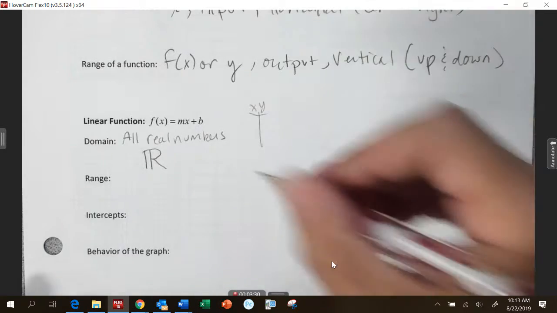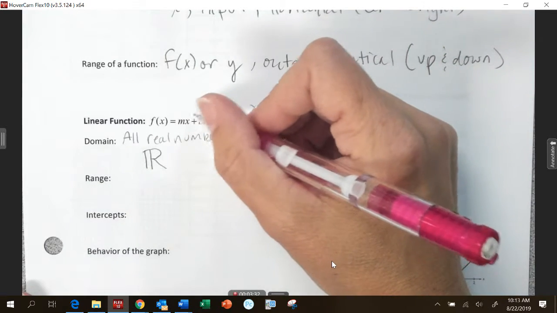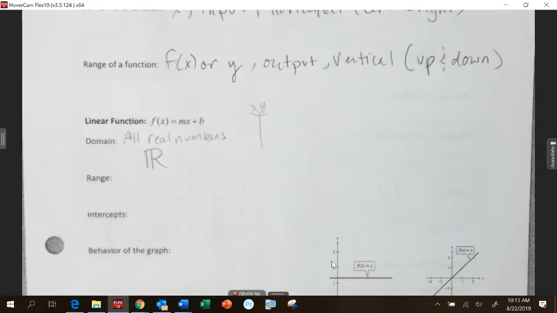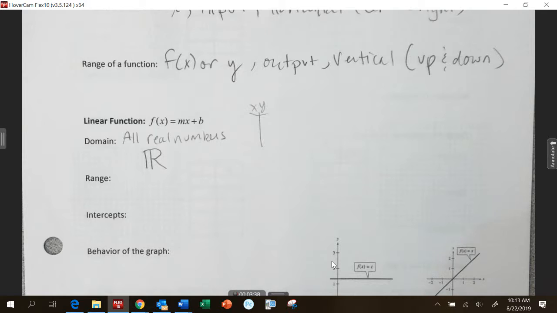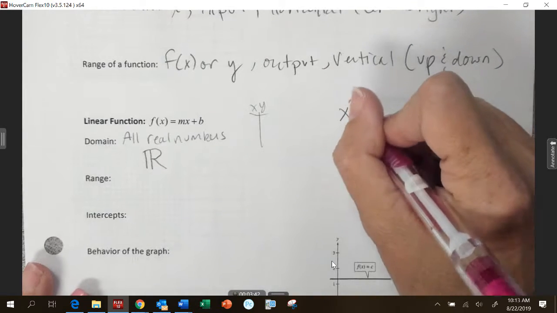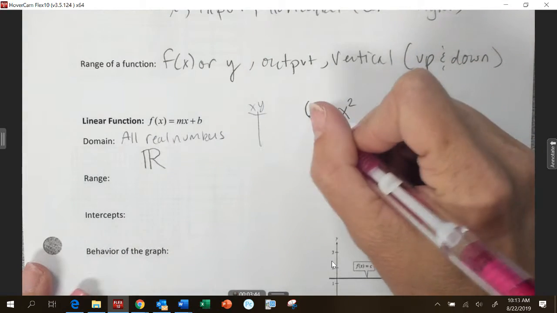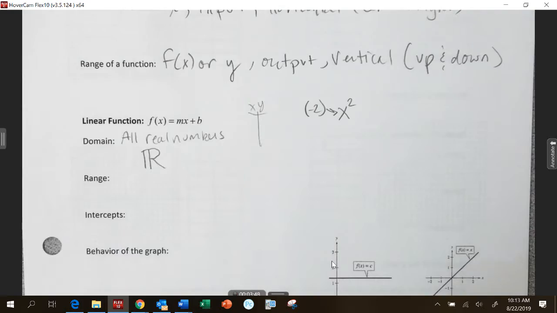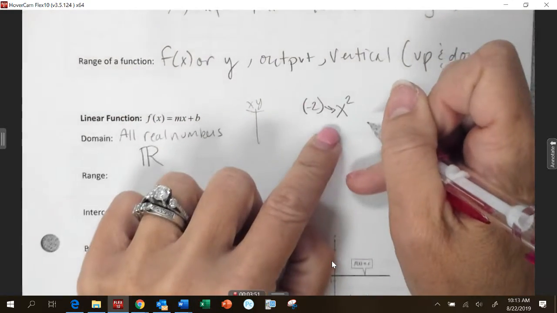How about the range? When I put in x's, are there any y's that I would not get out? For example, a different function: if I put the number -2 into an x squared function and I square it, what happens to -2 when we square it?